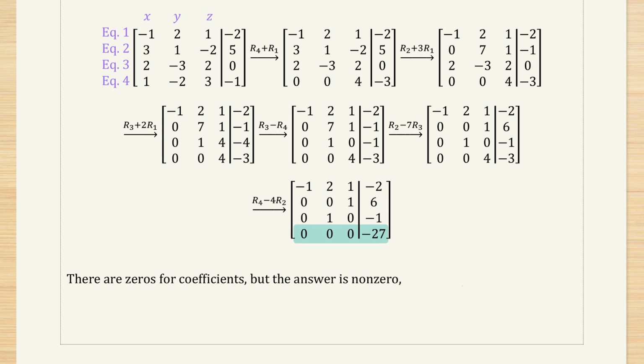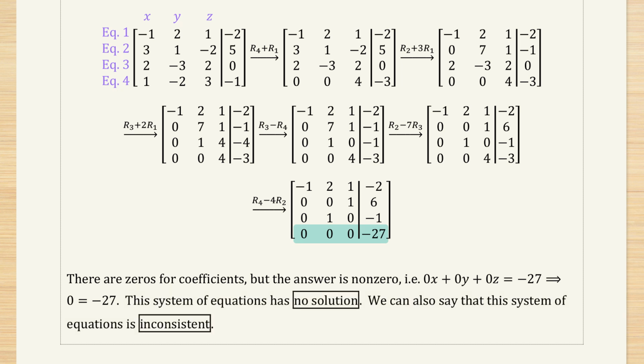In the fourth row, if we were to rewrite this fourth row in terms of the variables x, y, and z, we would have 0 times x plus 0 times y plus 0 times z equals -27. Simplifying, we have 0 equals -27. 0 is not -27. This is a contradiction. Therefore, the system of equations has no solution. We can also call the system inconsistent.